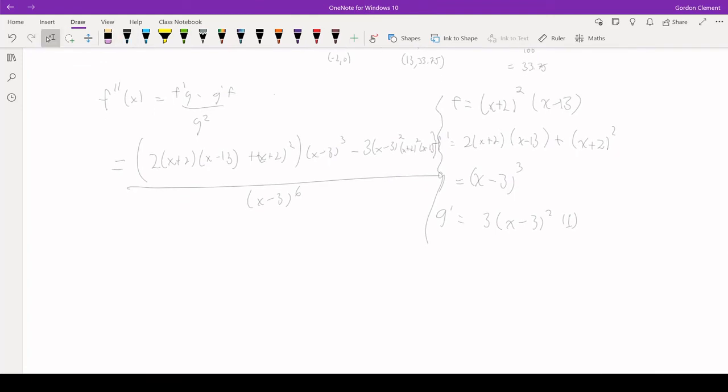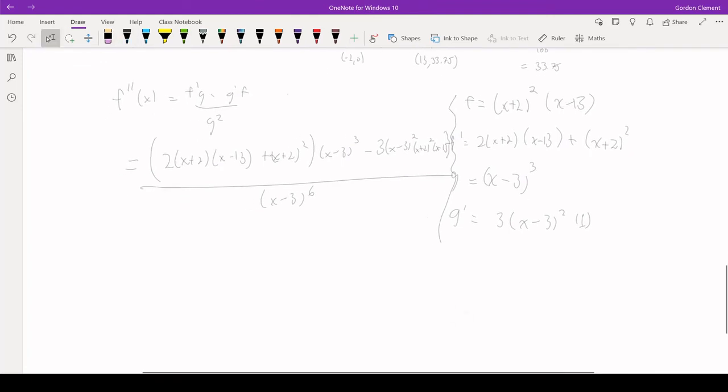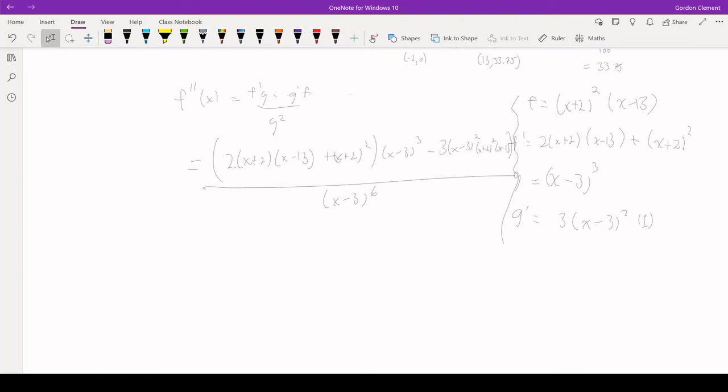Okay, so first things first is I'm going to factor out the (x minus 3) squareds. And that's going to cancel out 2 of those and leave me with 4 on the bottom.